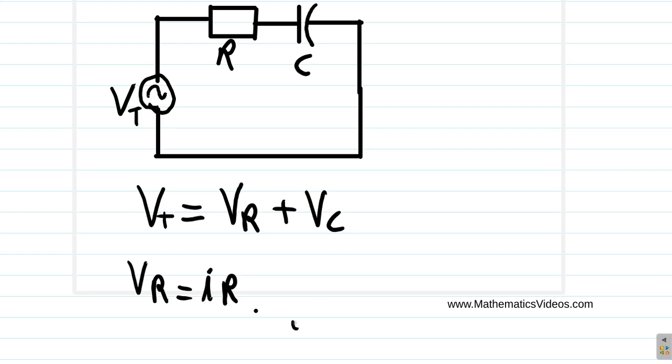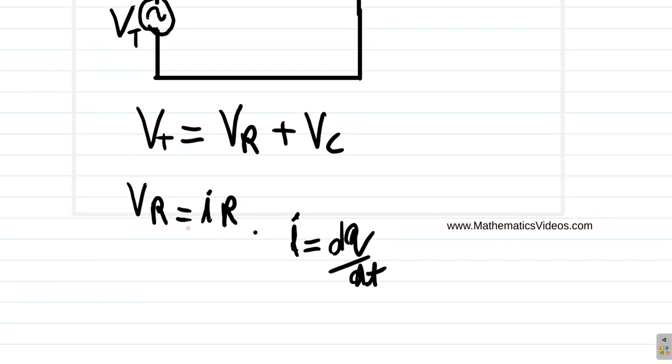you can say I is dq by dt, the rate at which the capacitor is charging or discharging.